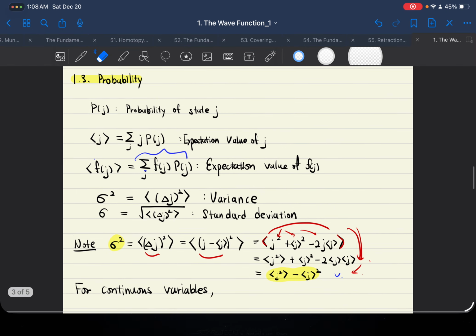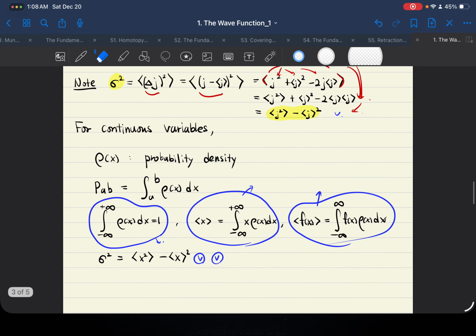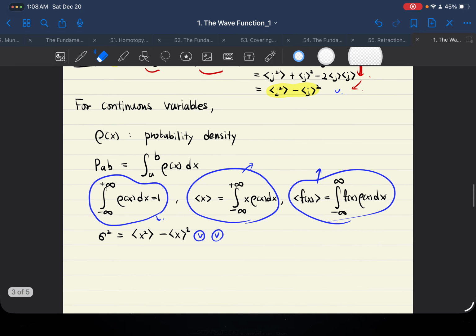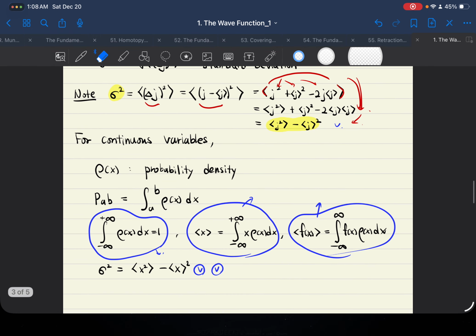We've talked about the discrete variable. When it comes to a continuous variable, the Pj is replaced by this rho(x), the probability density. So what does it mean? If we integrate rho(x) from a to b, we get the probability of a to b.